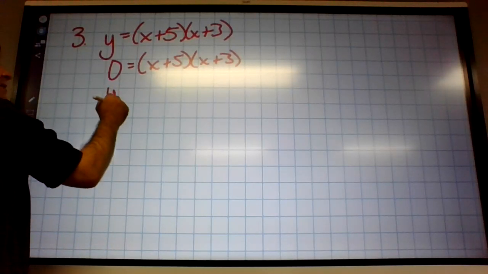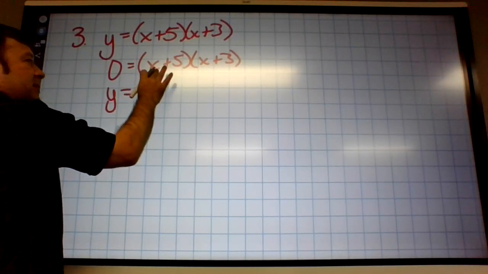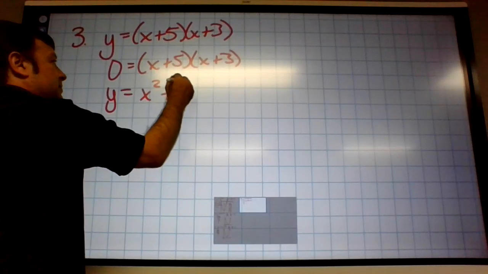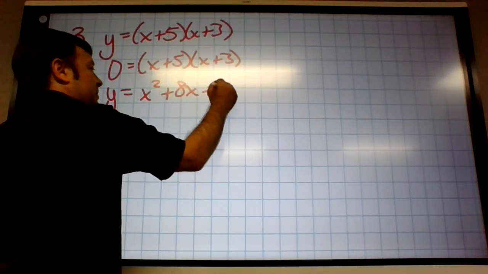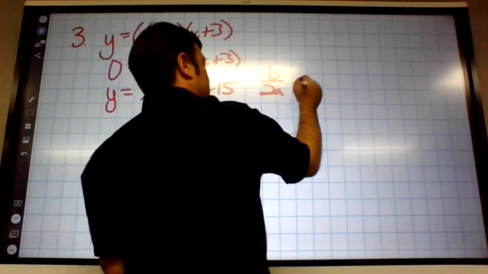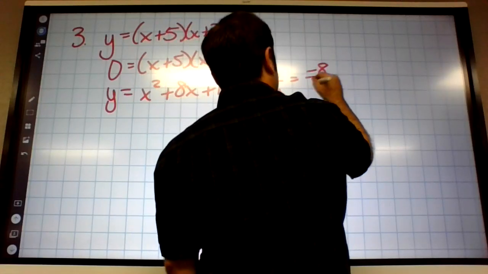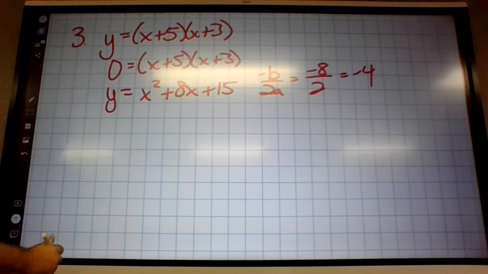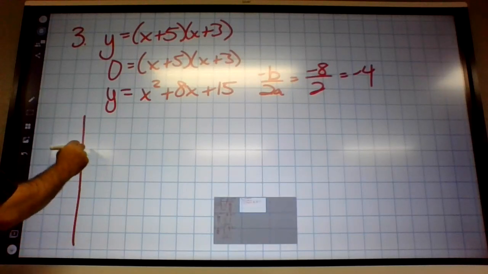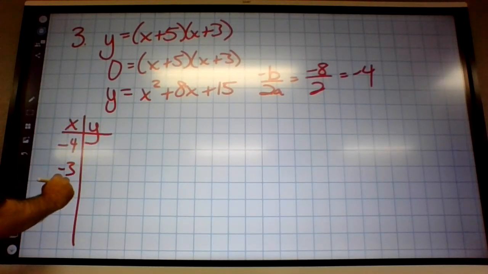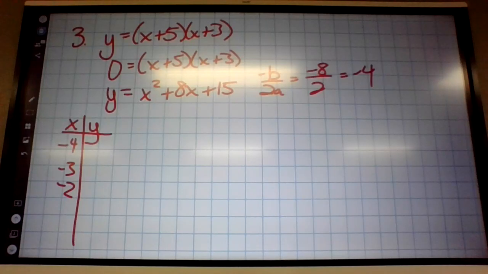But if I FOIL that together, it doesn't really help me find the vertex though. If I FOIL it together, I get this. So negative b over 2a is -8 over 2. So the vertex is at -4. So I'm going to plug in -4, -3, -2.